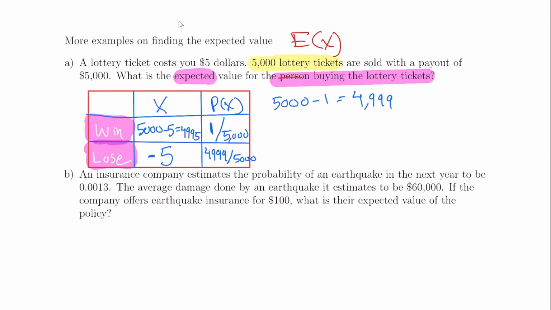And that's how you get the X value. The X value for winning is the net profit. They get $5,000, but since they had to pay $5 to play the game, they technically only win $4,995. If they lose, they're just losing the $5 that they paid to play the game.